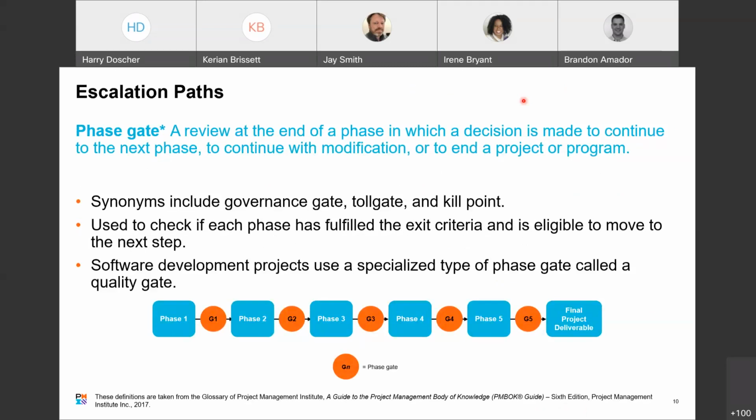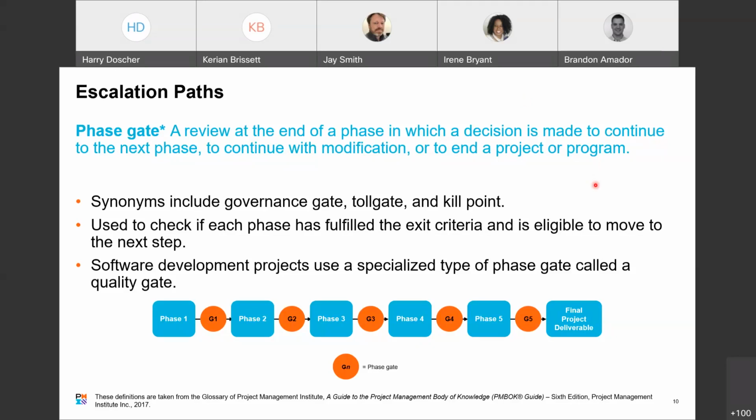So a phase gate is a review at the end of a phase in which a decision is made to continue to the next phase, to continue with modification to what the original project goals or phase goals were, or to end the project or the program at that time. And we'll talk about some of those criteria in another slide here.